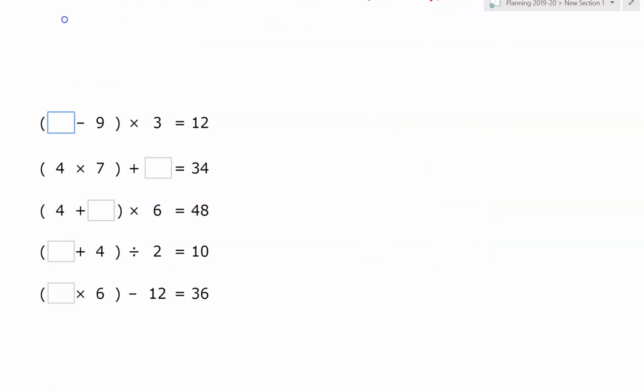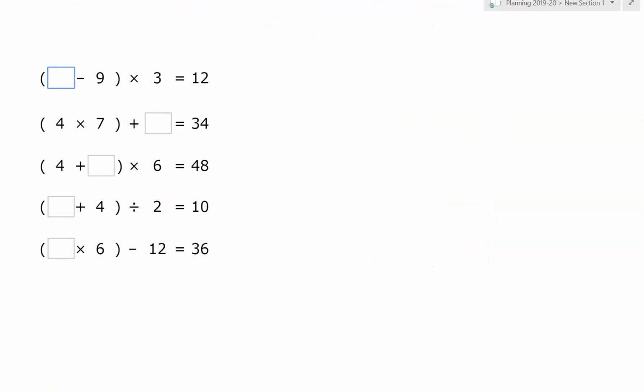These working backwards ones, there's several ways you can go about these. If I take that first one, I've got to think of a number that when I take away 9 from it, and then times by 3, I will get the answer 12. So the way I like to think about it is something times 3 is 12. So the something has to be 4, because 4 times 3 is 12.